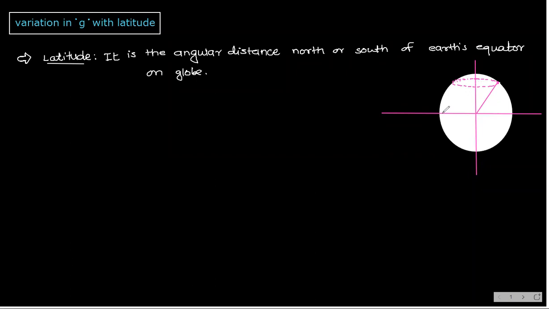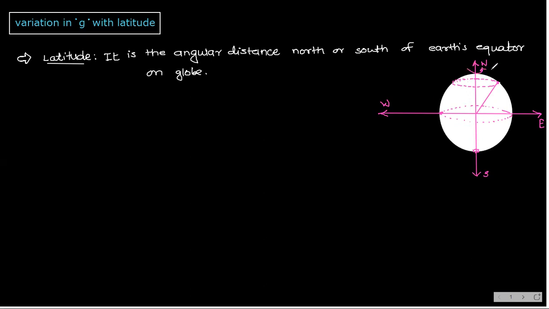Or even you can take it here also, anywhere you can take. So this is west, this is east, this is north, this is south. And Earth is rotating like this.